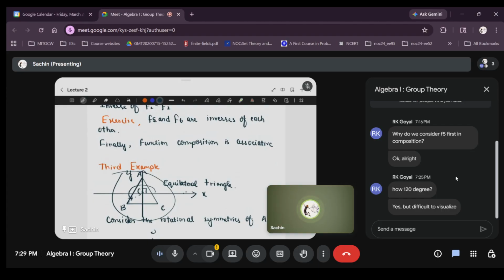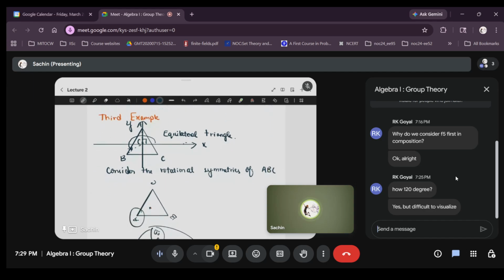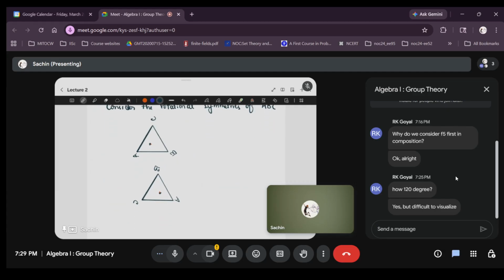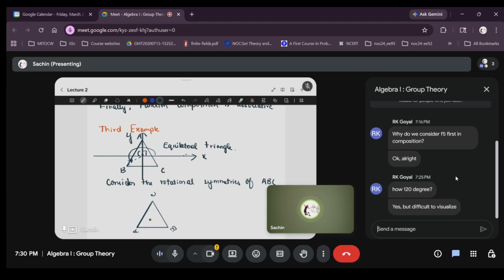It's still in the same position per se. Only if you label it, you will know that the vertex has changed position. So that is another rotational symmetry. Now if you rotate it again by another 120 degrees, you will get back the original triangle.